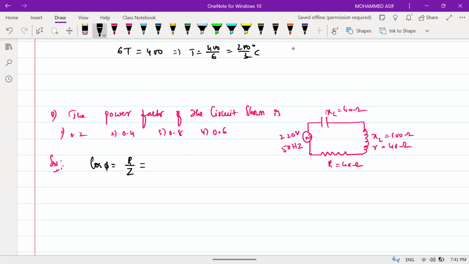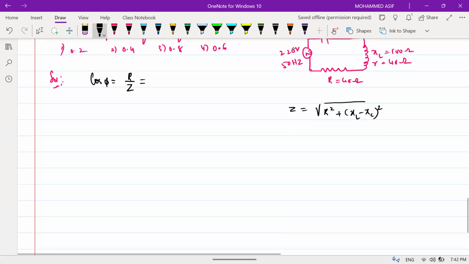How do you calculate Z beta? Z is equal to under root of R square plus XL minus XC. XL is 100 ohms.